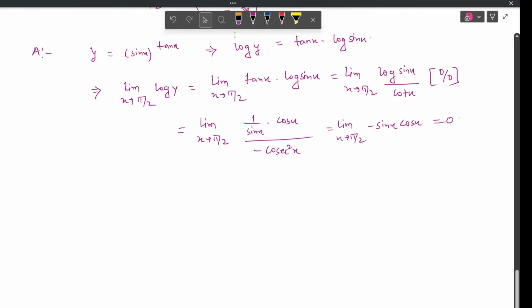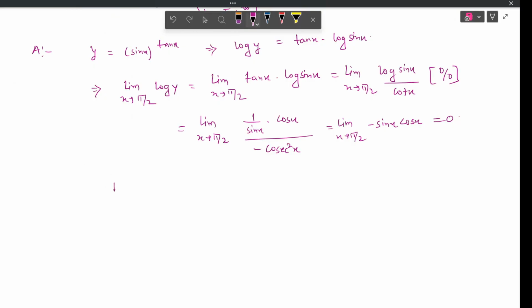And in the left hand side we have limit x tends to pi by 2 log of y equals 0. So we can write it as log of limit x tends to pi by 2 y equals 0, so limit x tends to pi by 2 y is e to the power 0, that is 1. So 1 is the answer.